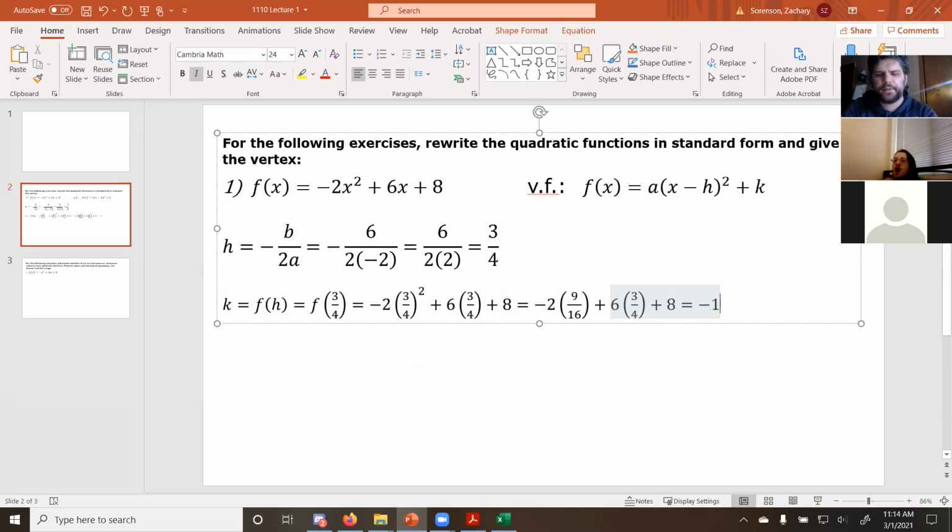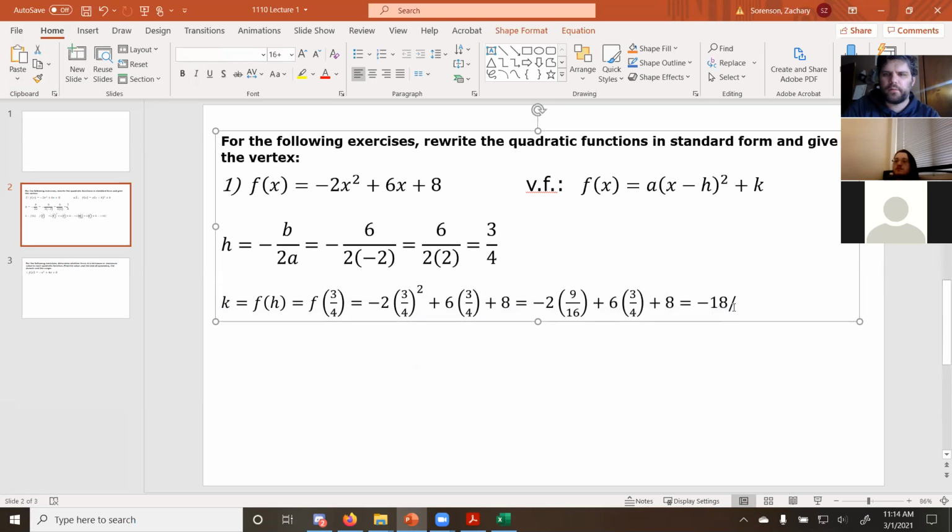I get negative 18. Then 16 plus 6 times 3 gets me 18 over 4, plus 8. Maybe I'll shortcut this and use my calculator to cheat. Losing the trees for the forest, or whatever that statement is.